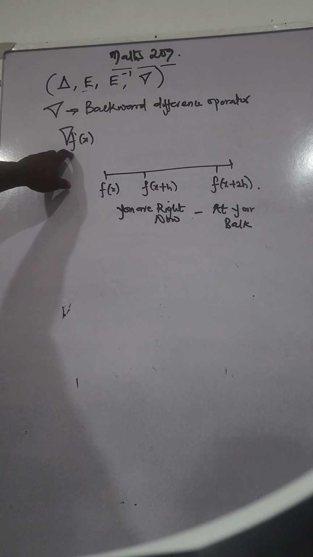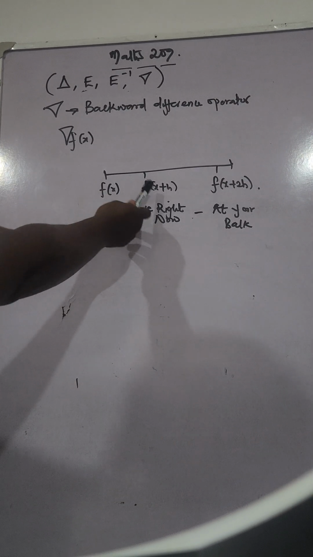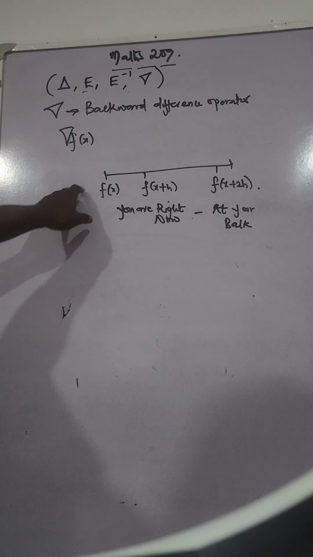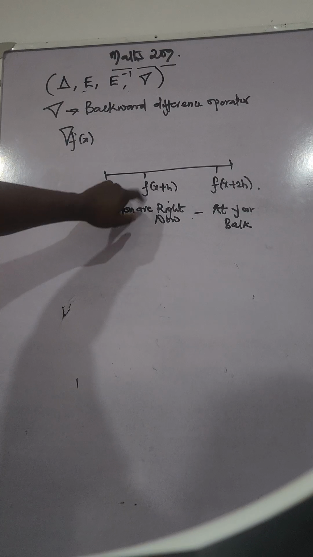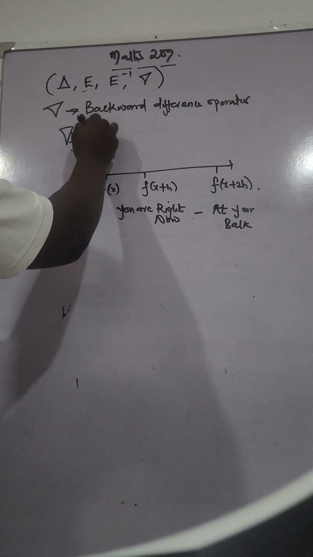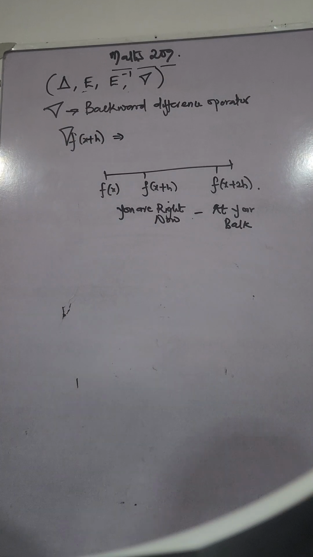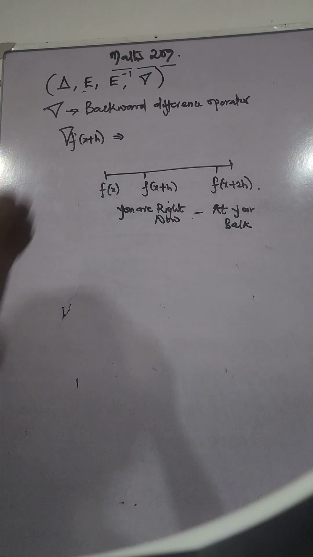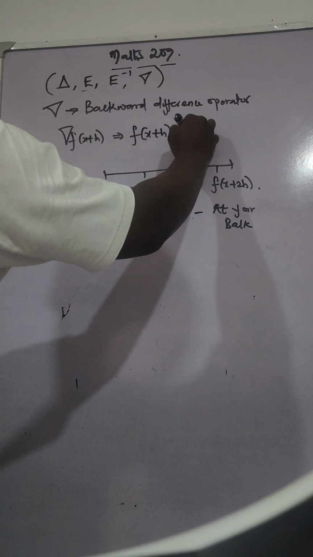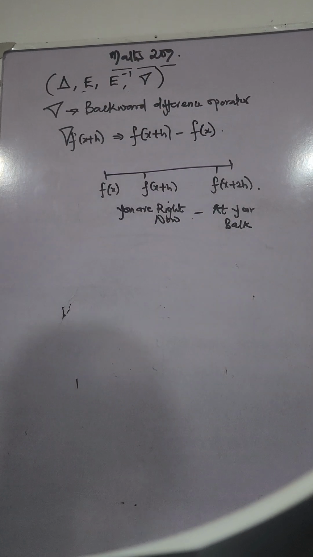So when we say the backward difference of f of x, it is where you are right now minus what is at your back. So because it is 0 that is at its back, we cannot start from the backward difference of f of x. Let's rather start from the backward difference of f of x plus h. So the backward difference of f of x plus h is f of x plus h minus f of x itself. Did you see that? Minus f of x itself.